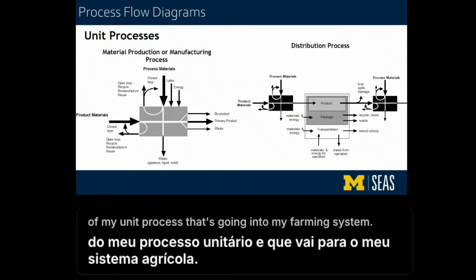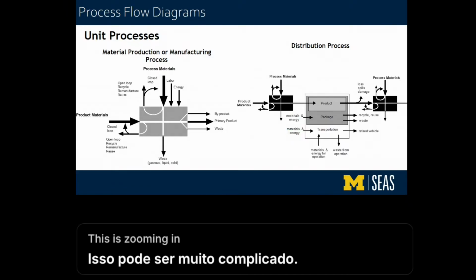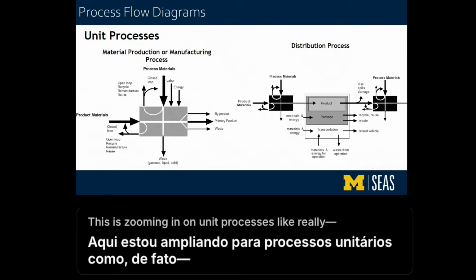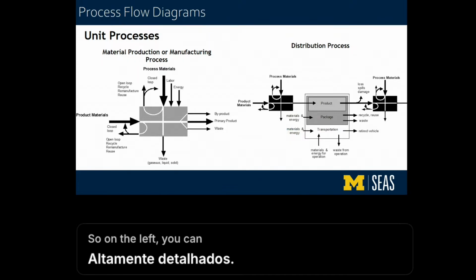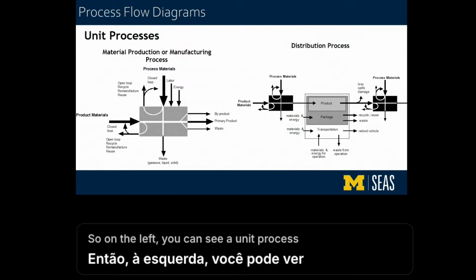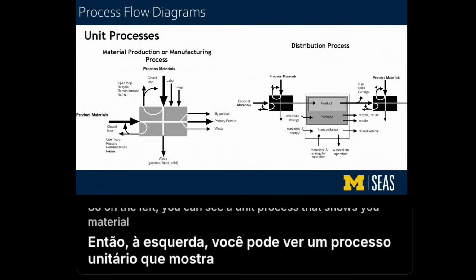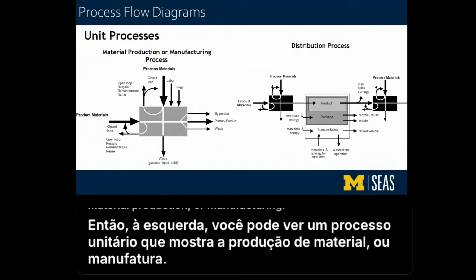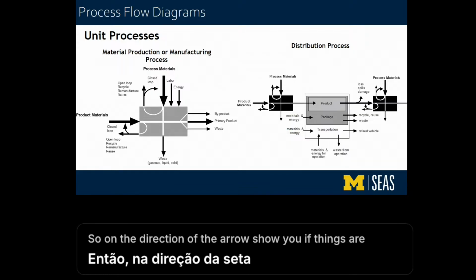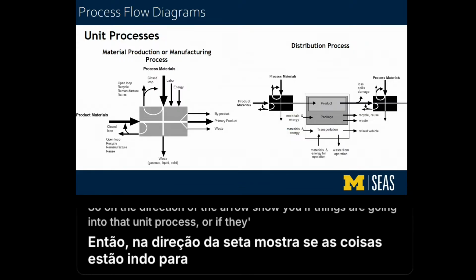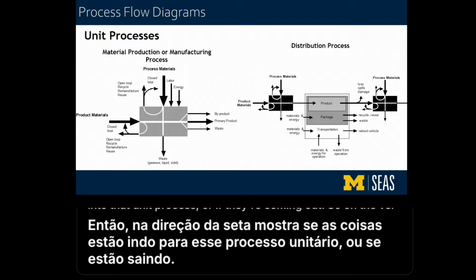These can be very complicated. This is zooming in on unit processes, like really highly detailed. So on the left, you can see a unit process that shows you material production or manufacturing. The direction of the arrows shows you if things are going into that unit process or coming out. So on the very far left, you can see product materials.